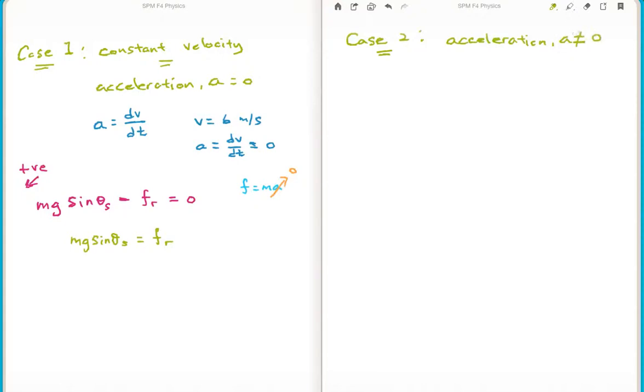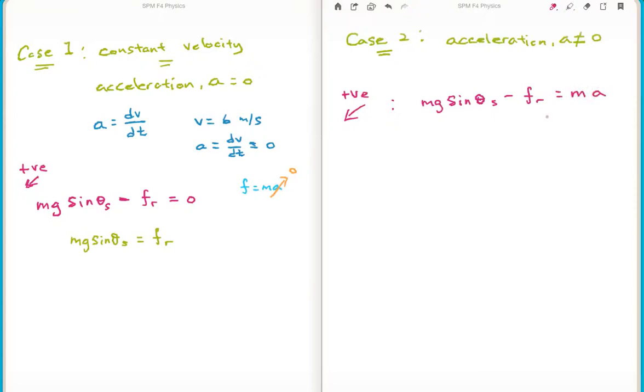It means the object glides down with an acceleration, so you don't worry about velocity anymore. If there is acceleration, again I define positive as going down. Same equation: mg sine theta subtract the frictional force equals ma.